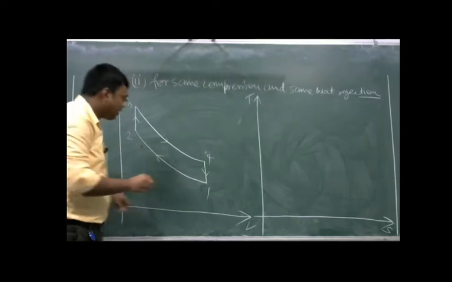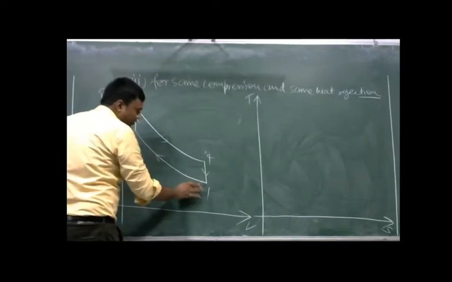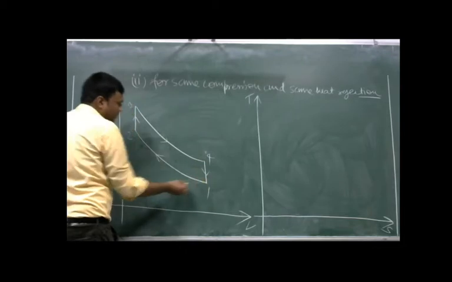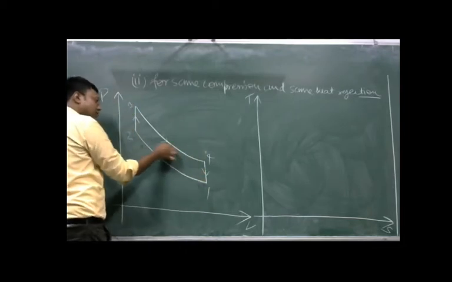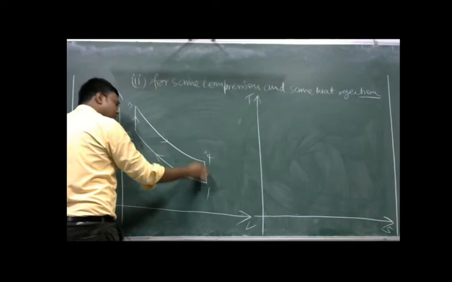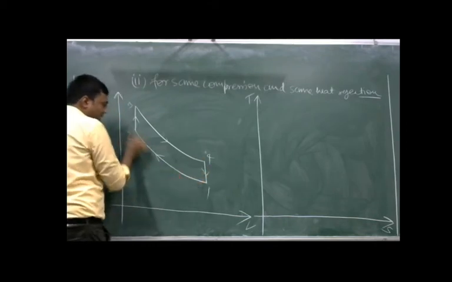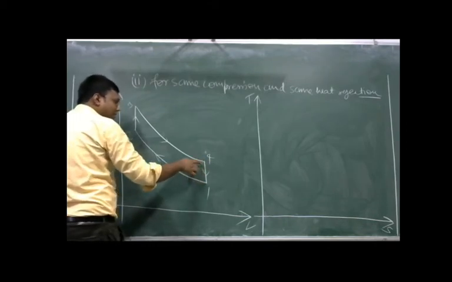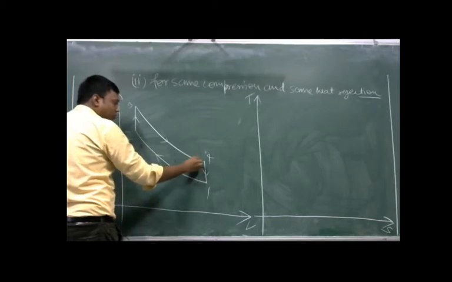So for keeping this process same for 4 to 1, we have to go by this process only. Then only this can be same, 4 to 1. This will be same 1 to 2, but to keep 4 to 1 same, we have to cross through this process only.